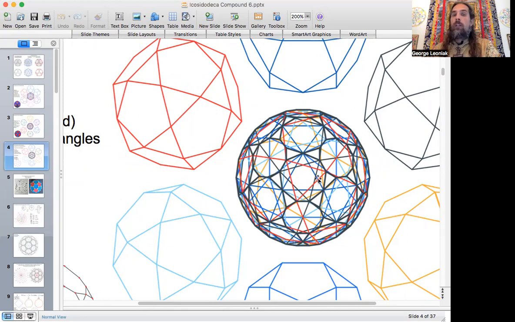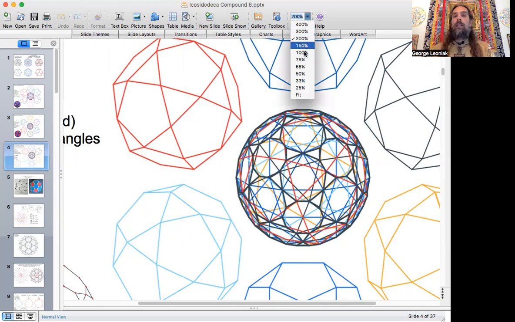And in the middle, there are the triangles of the red one and the black one that are at the center of the form. This is what I call the invisible icosidodecahedron, which is basically meeting all the midpoints at the intersection of those isosceles triangles. So really, I didn't create this form. The form created itself. I just saw what happened with the compound, and this is what it did.